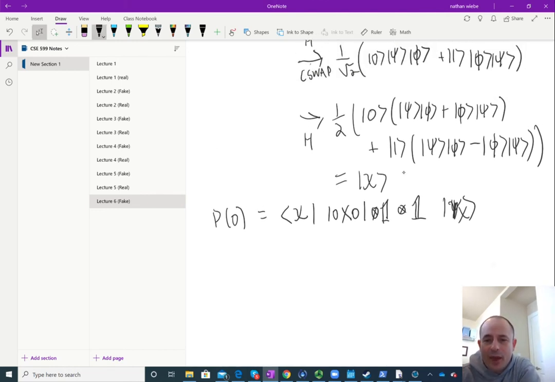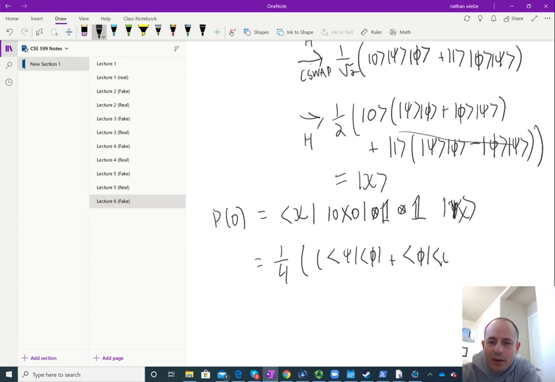Now we can see that because 0 is orthogonal to 1, we can drop that part from both sides of the equation. And this ends up giving us 1/4. And we can actually even drop the 0, because we know that's going to have a trivial inner product of 1 over here. So this probability is going to be psi phi plus phi psi inner producted with psi phi plus phi psi.